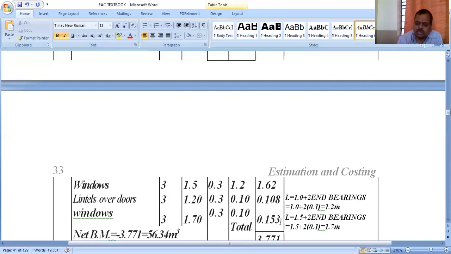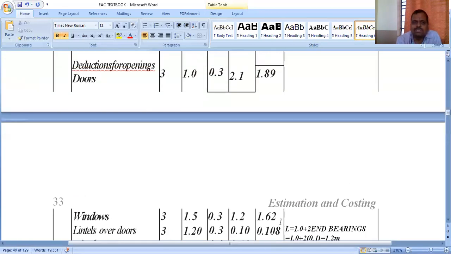Okay, now we have to just go on adding all these deductions, that is deduction for the opening of the door, deduction for opening of the window, as well as deduction for lintels over the doors and windows. So how much is it? For doors it is 1.89. For window it is 1.62.